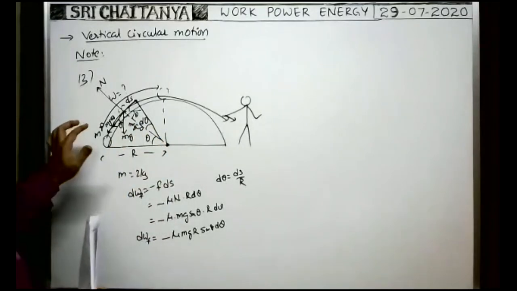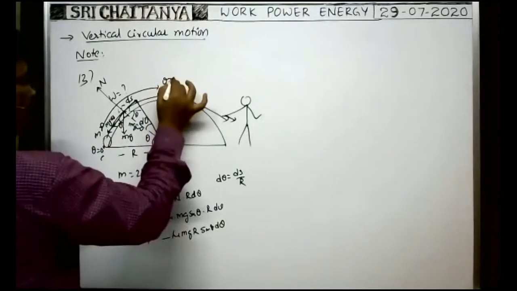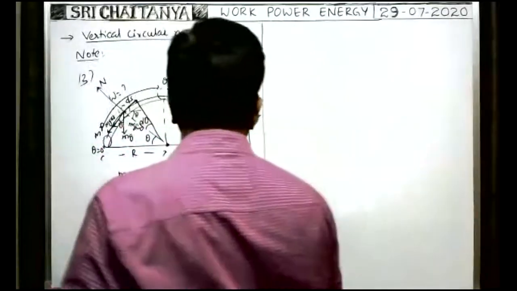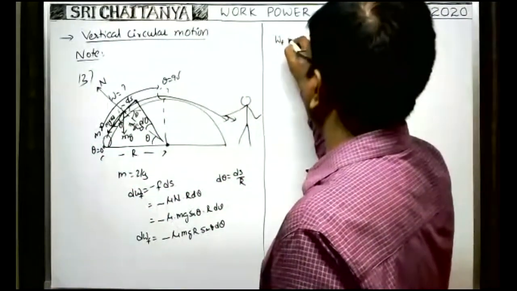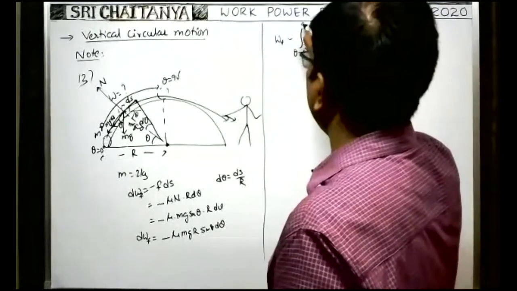Therefore, to displace the body from theta equal to 0 degrees to theta equal to 90 degrees, or theta equal to pi by 2 radians, what is the total work done? The total work done by friction, Wf, is equal to the integral of dWf from theta equal to 0 to 90 degrees.